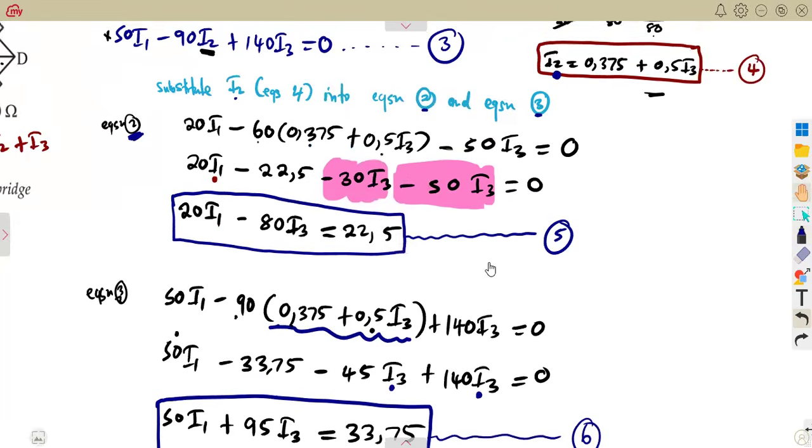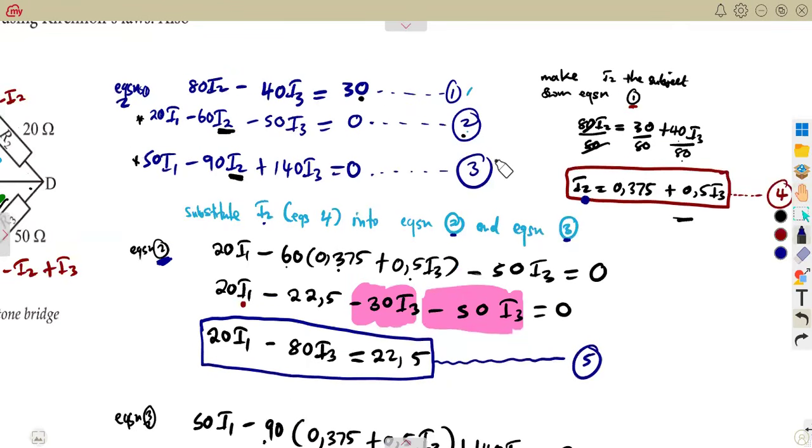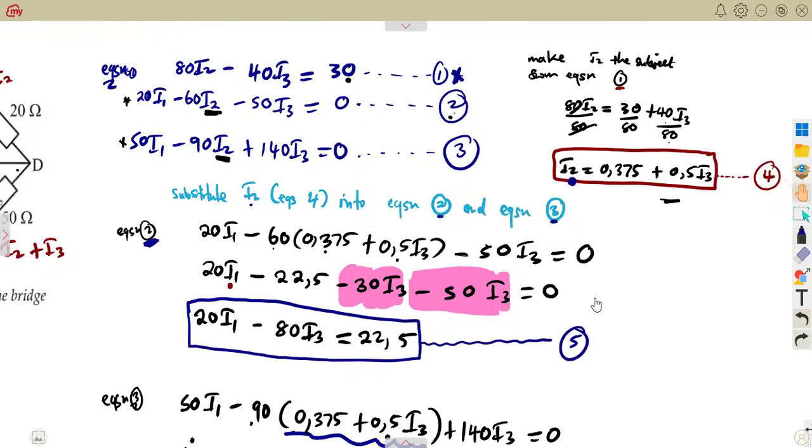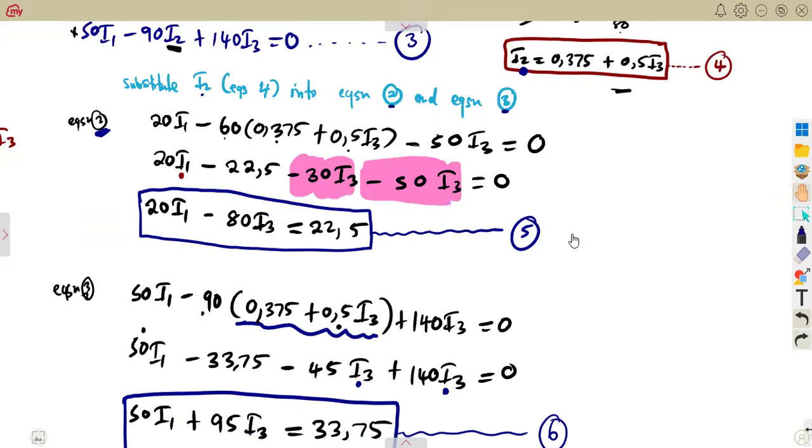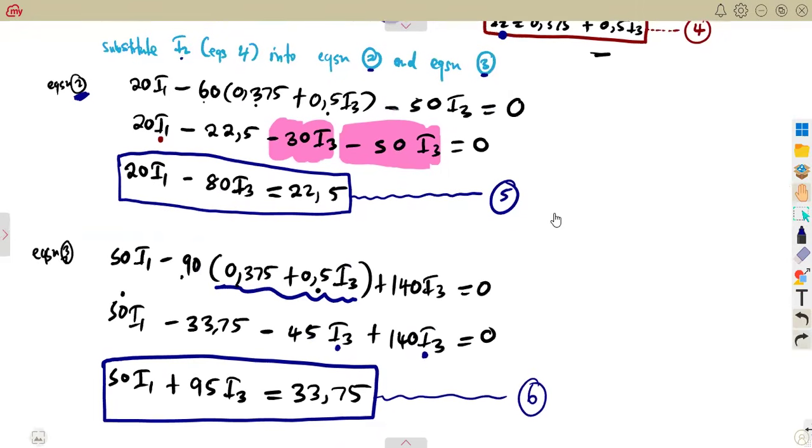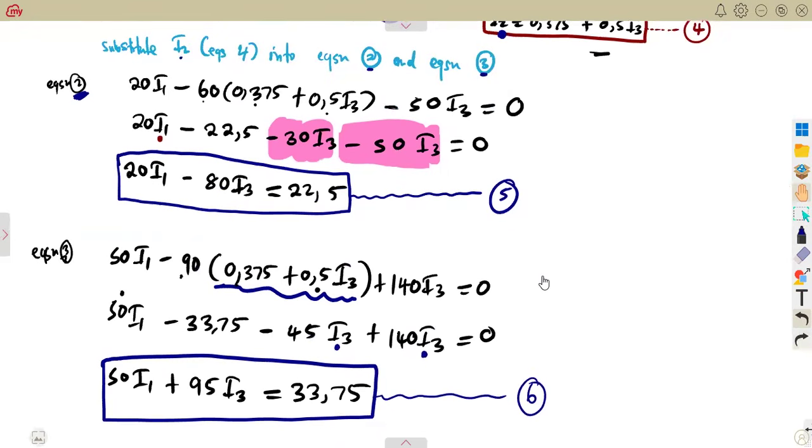Remember, these were the remaining equations here when you made I1 the subject. After substituting into equations 2 and 3, you are going to notice that the remaining equations can now be solved in a better way or any other way that you are used to.